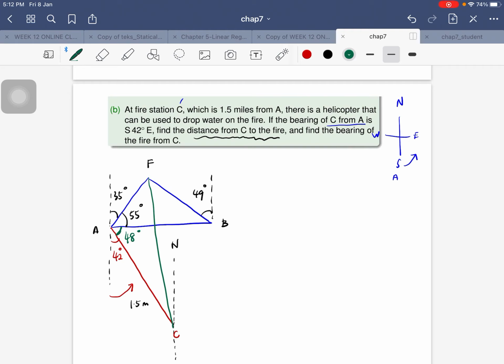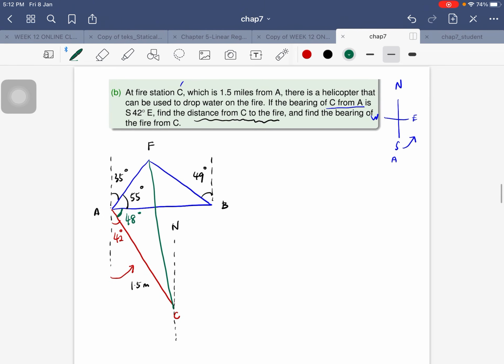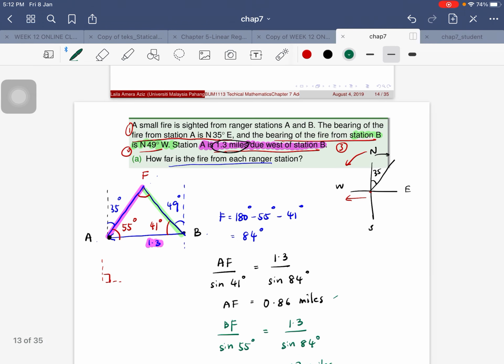We already know that this is our angle, which is opposite to our length CF. And now we just need one more angle in order to find the length of CF. So what else do we know? Do we have information from A to F just now?